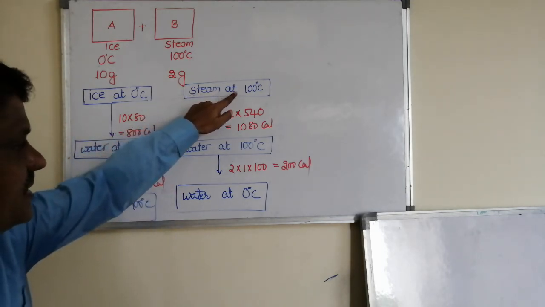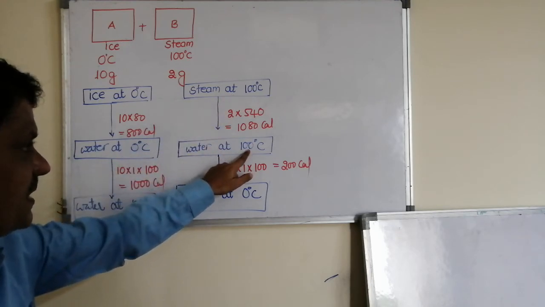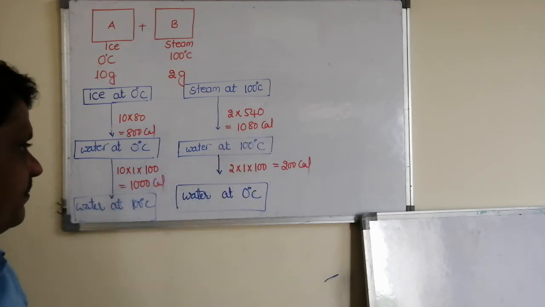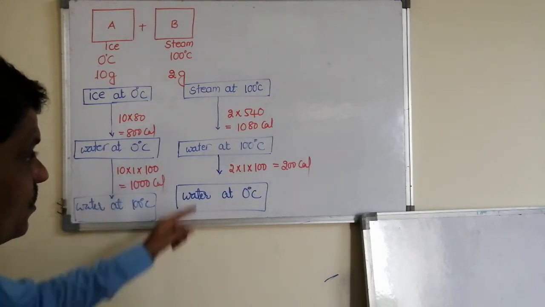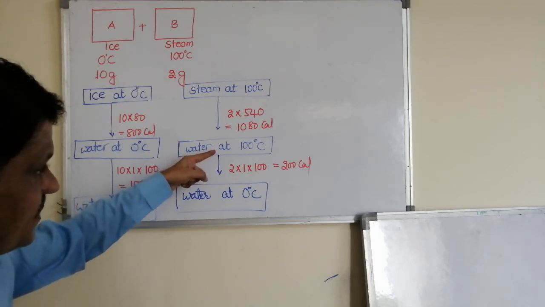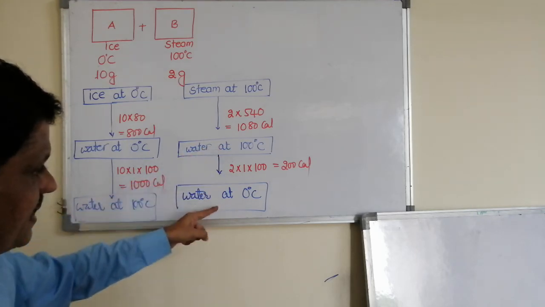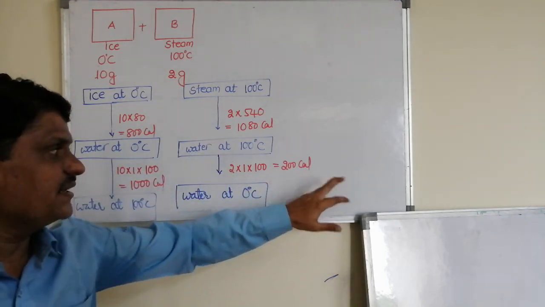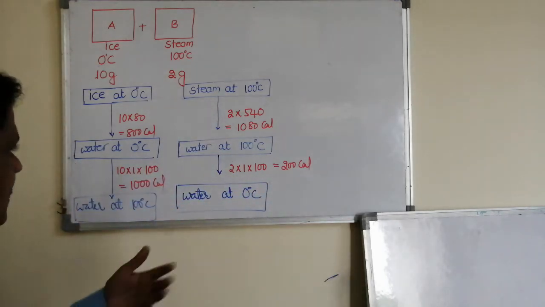Steam at 100 degrees Celsius to water at 100 degrees Celsius, we have only 1080 calorie. Right? So when I bring this water at 100 degrees Celsius to water at 0 degrees Celsius, it can further release 200 calorie. Now let's start one by one.